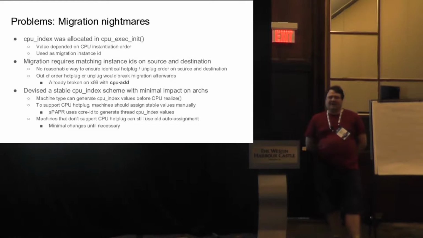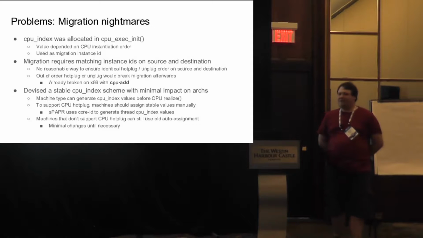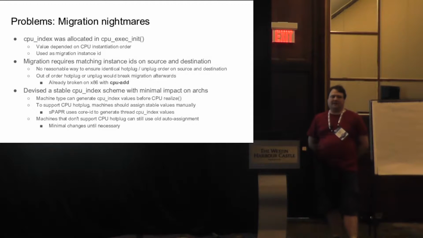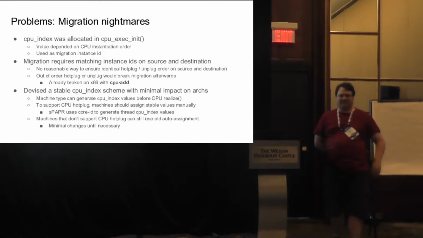Because it was allocated there, the value depended on the order in which the CPUs were instantiated. That didn't matter in the past because CPUs were always instantiated from the beginning up through to the last one. But once you start adding hotplug, obviously that's not true anymore.